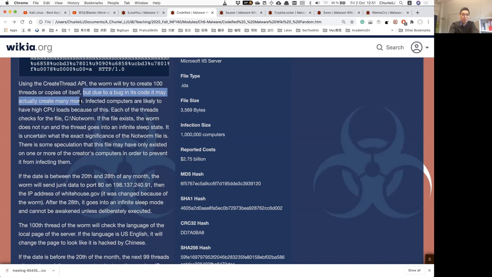That's also a reason Code Red caused really serious problems. If you look at this infection size, it's double that of the previous worm, the Love Bug. The reported cost is not as much as that one, because it mostly affected servers, not personal computers.